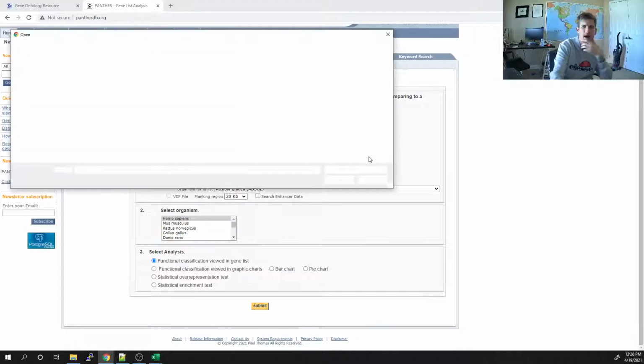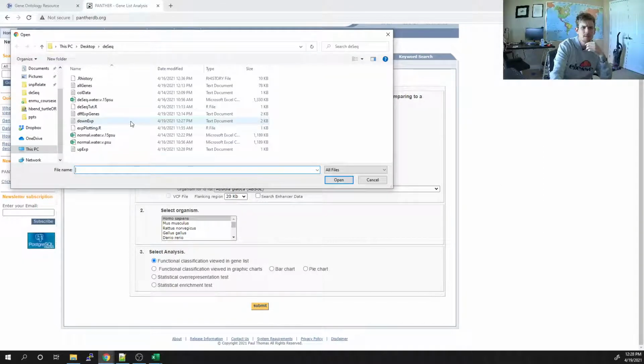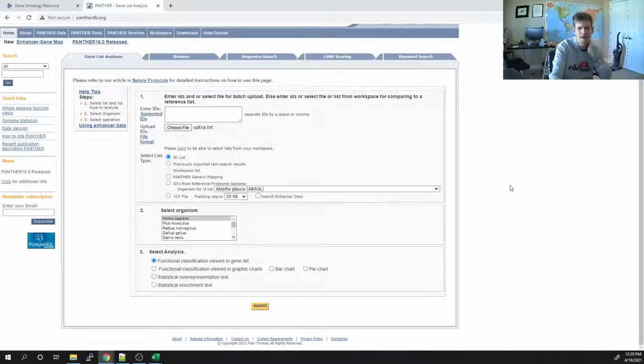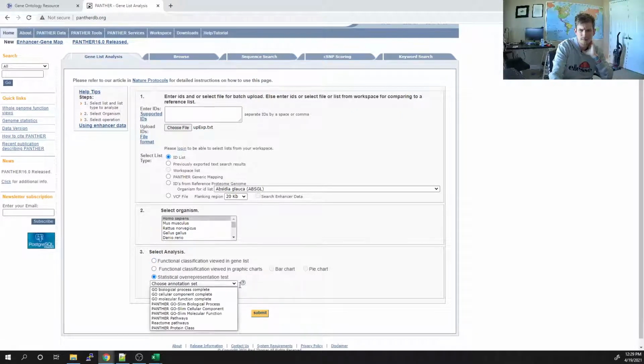Let's go down first. You know what? Let's go up first. Let's go up and see what genes are up expressed, see if there's any change there. Biological process.